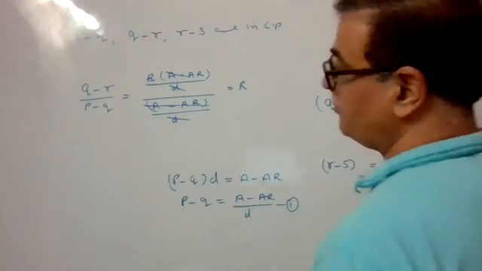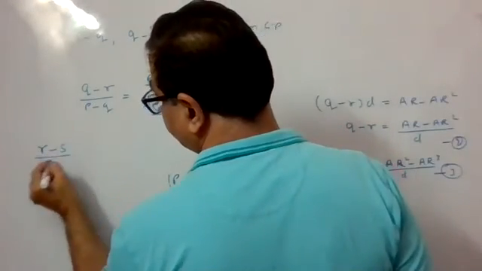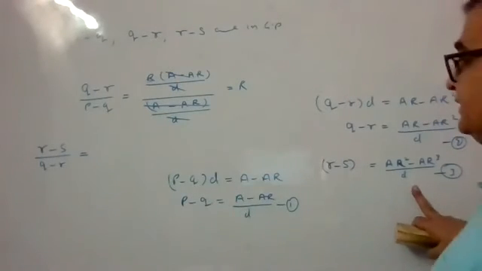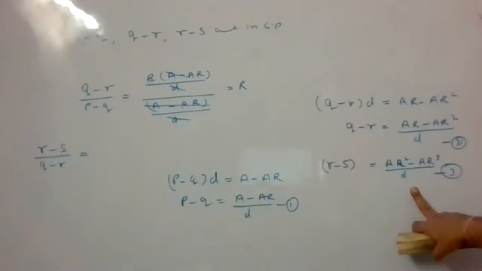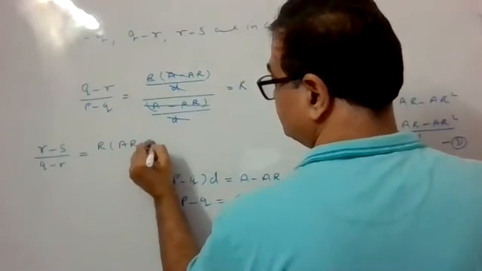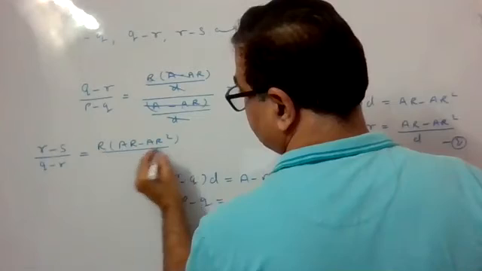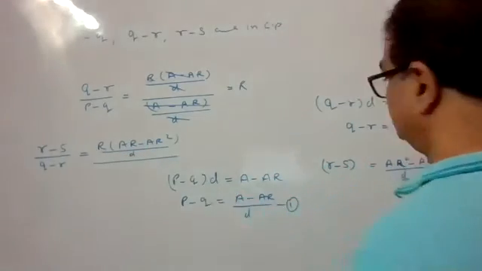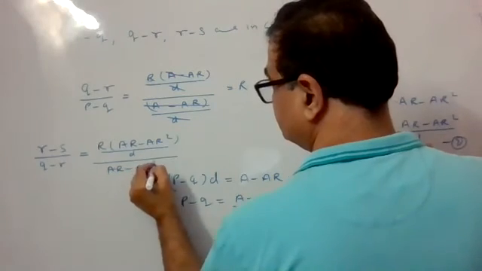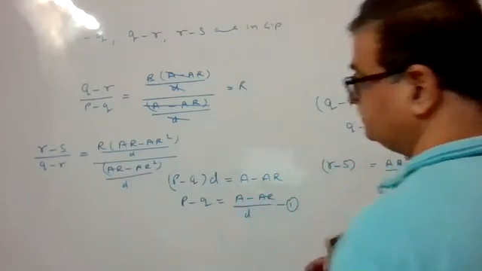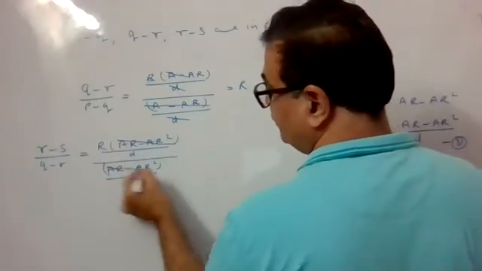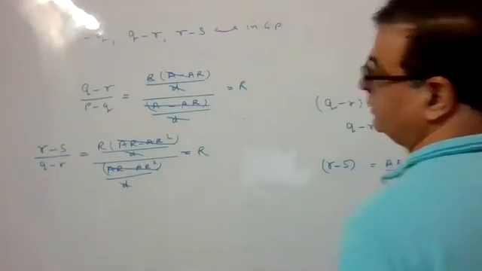Same way we go for R minus S by Q minus R. R minus S will be this. In this, again I'll take R common: AR minus AR square by Q minus R, AR minus AR square by D. These two cancel out, D cancels out, and it is coming R again.